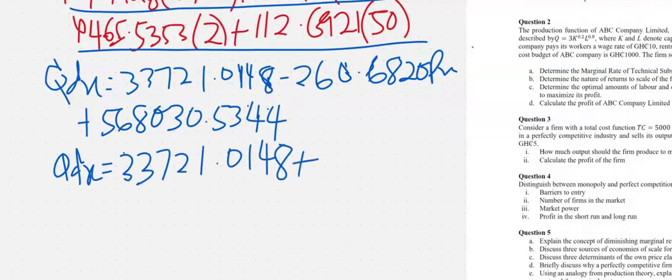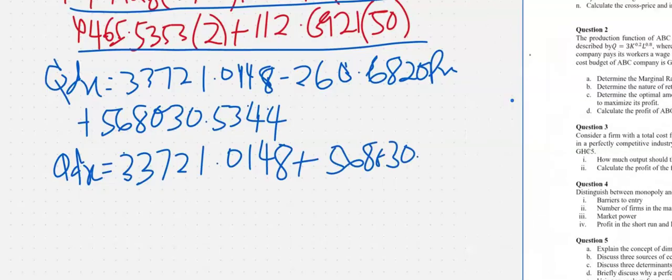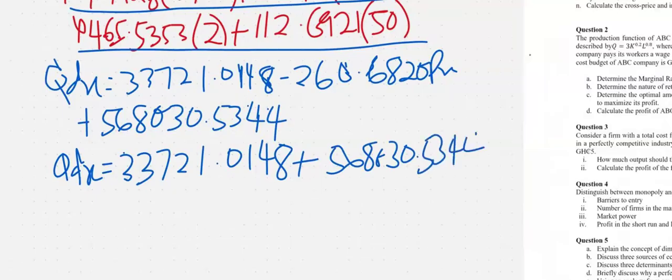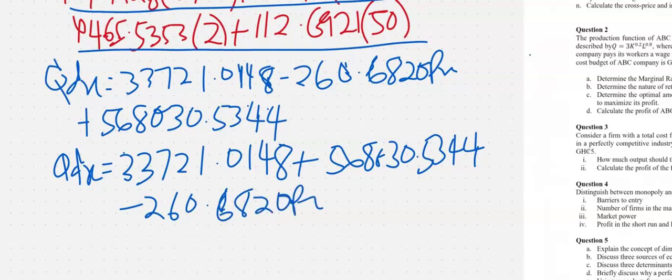Plus 568030.5344, right? Minus 260.6820 PX.